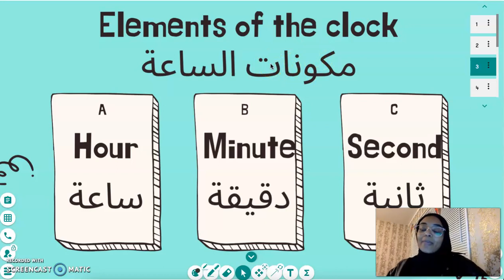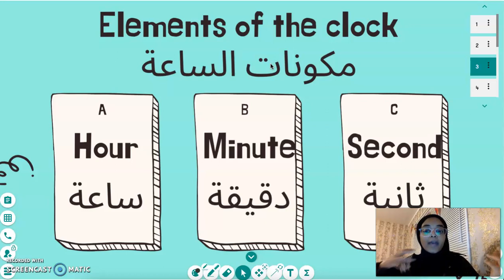The words clock and hour, by the way, are two different words in English, but in Arabic we don't actually have two different words for clock and hour. They both mean sa'a, or as-sa'a, the hour.